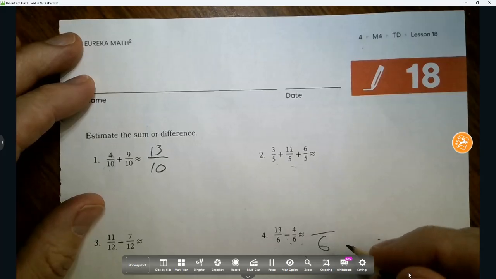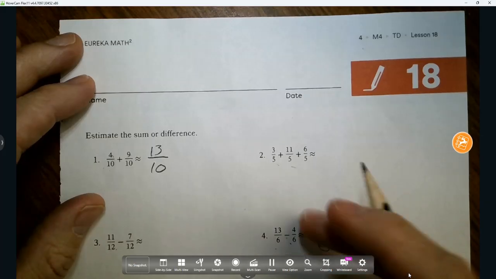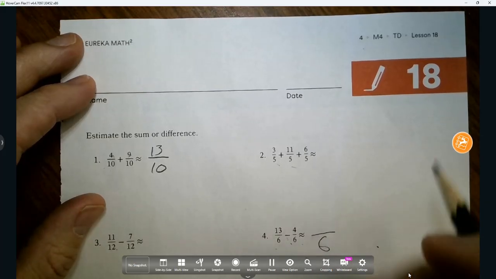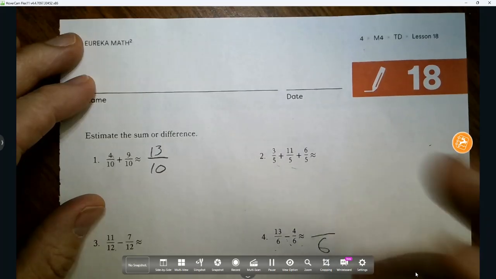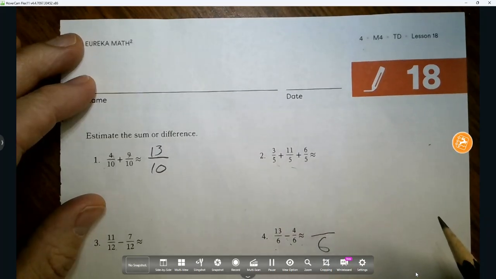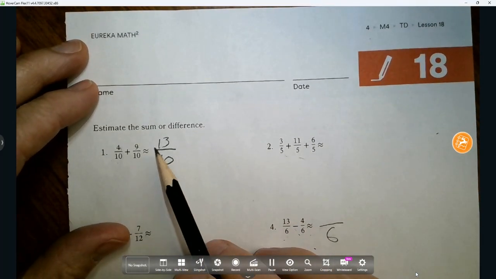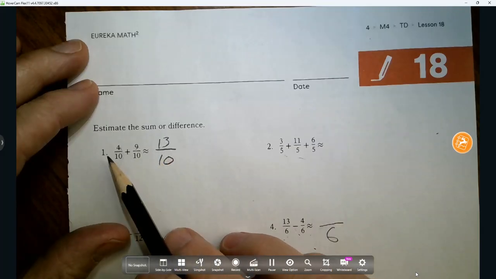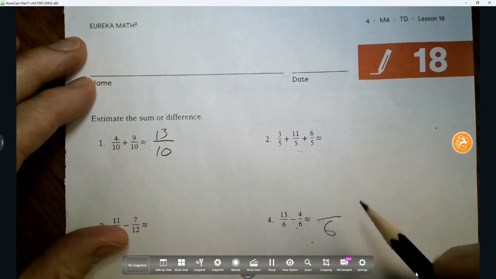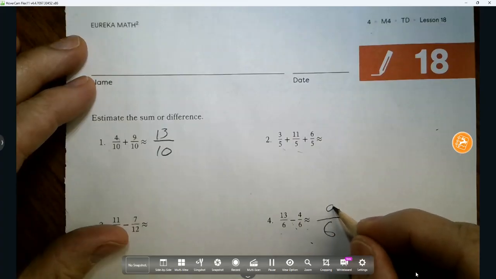Now it just comes down to 13 minus 4. 13 minus 4 is 9.